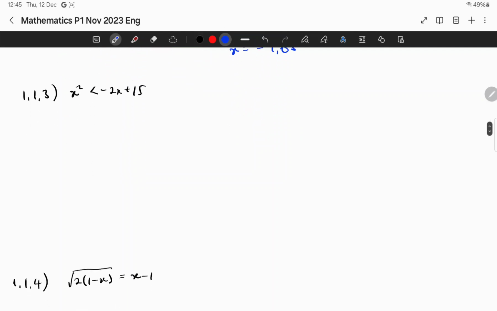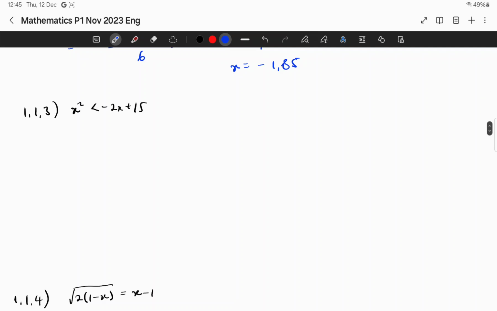The next question is an inequality. An inequality, for all intents and purposes, can be solved similarly to an equation, with an inequality sign in the middle. But you have to take note of a few rules when it comes to these questions.